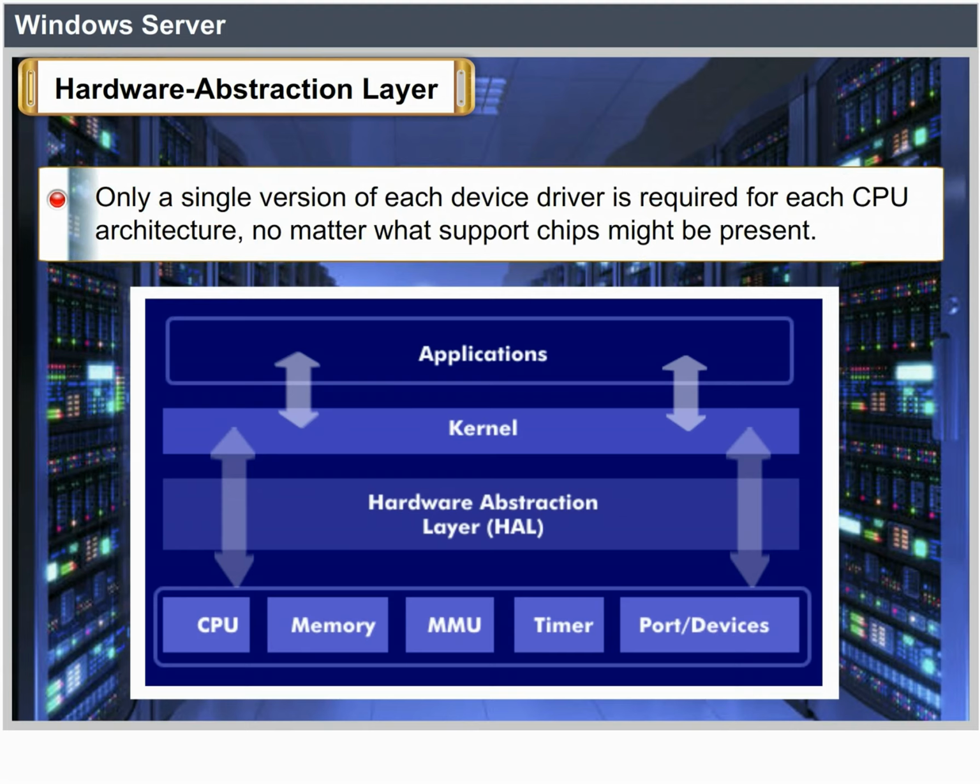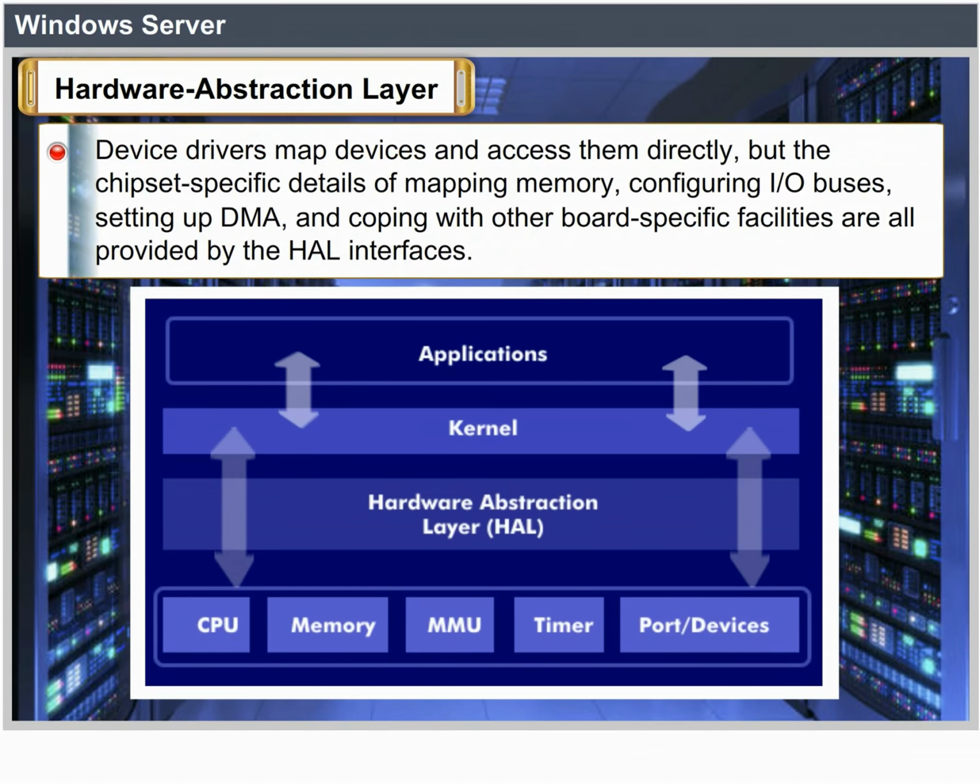Only a single version of each device driver is required for each CPU architecture, no matter what support chips might be present. Device drivers map devices and access them directly, but the chipset's specific details of mapping memory, configuring I/O buses, setting up DMA, and coping with other board-specific facilities are all provided by the HAL interfaces.